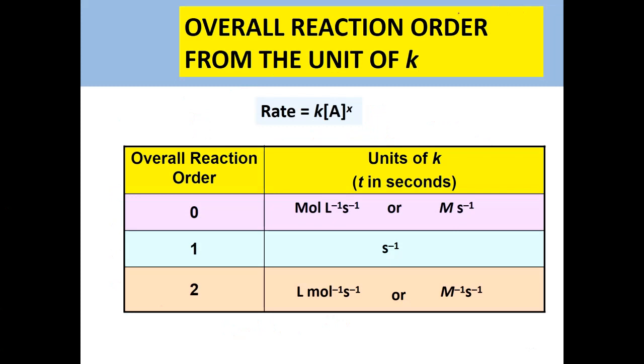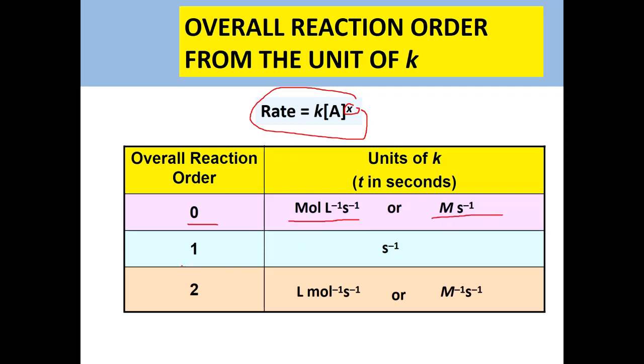Okay, now the overall reaction order from the unit of k. Generally we can write rate is equal to k, concentration of A to the power of x. If the overall reaction order is 0, k is mole per liter per second, or you can write molar per second.